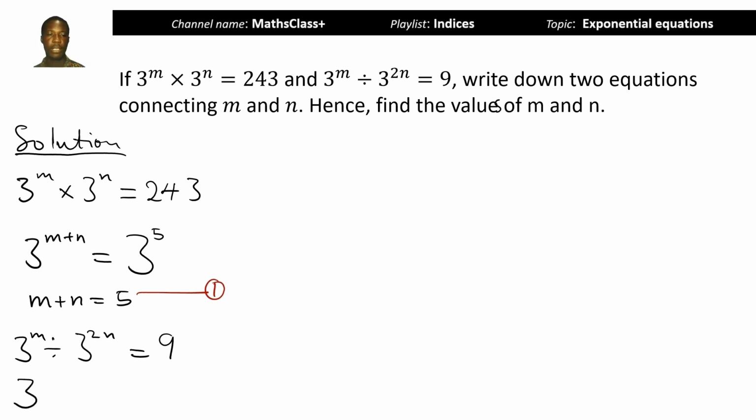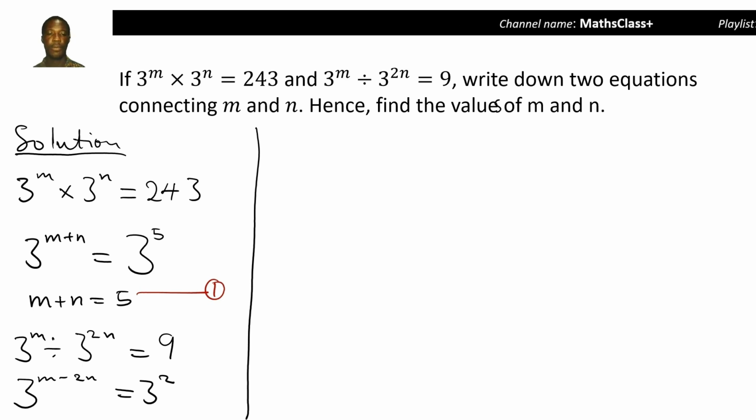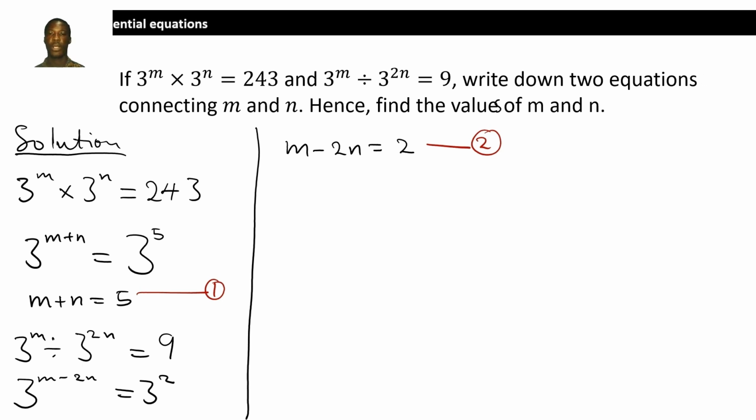So we have 3 to the power m minus 2n is equal to 9, which we can write as 3 to the power 2. And from here we can equate the exponents and obtain m minus 2n is equal to 2. And that will also give us our second equation. I hope you are following and it is understandable as well.